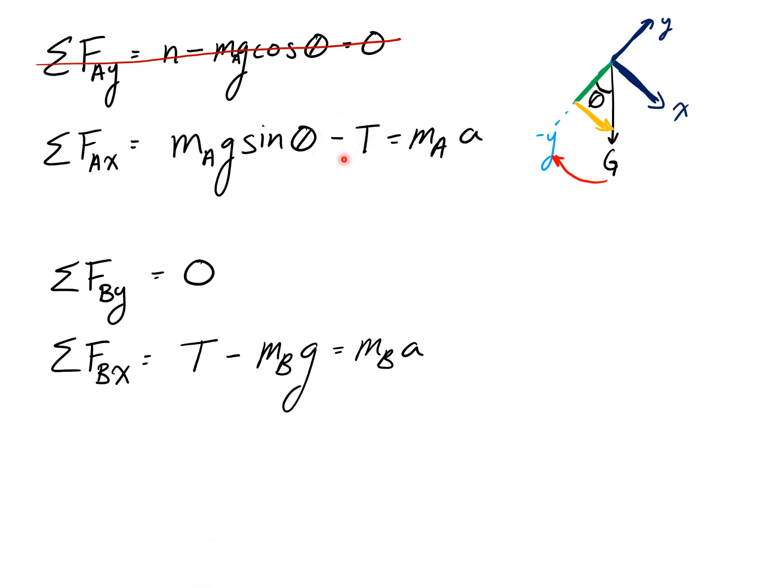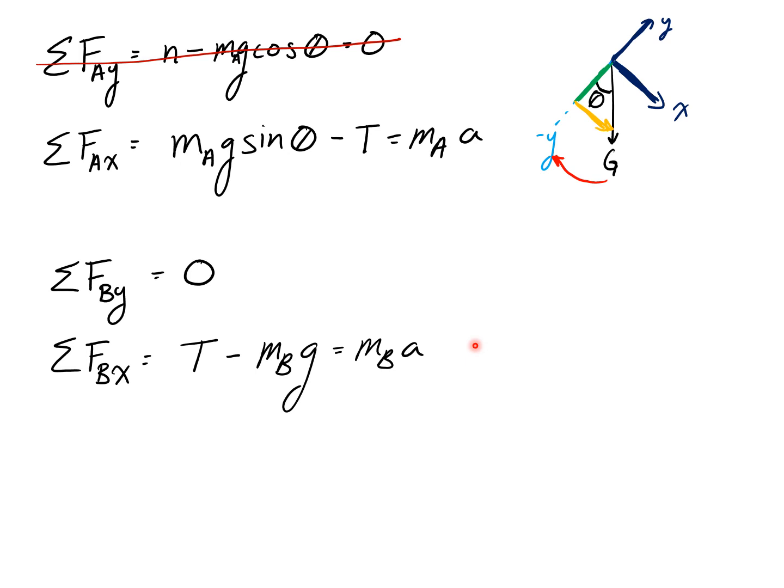So for A, tension is pulling up the incline, which we have established is the negative X direction. So this needs to be negative. By saying that up is positive X for box B, my acceleration is now going to be in the same direction. This A here and this A here, both of my accelerations are going to be the same value with the same sign because I've put my positive X direction in the direction of motion.